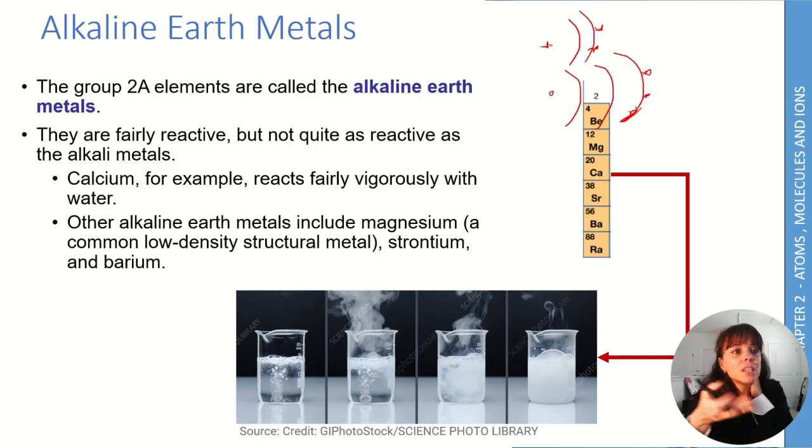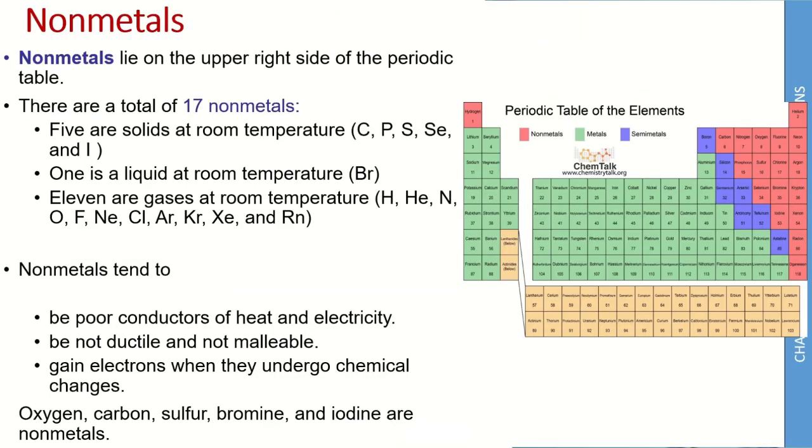So they are reactive, as you can see over here in the photo. They reacted, so we have some bubbles, you have some fumes over there, but you don't see fire, you don't see any explosion. So they are very reactive, but they are not as reactive as the first group.